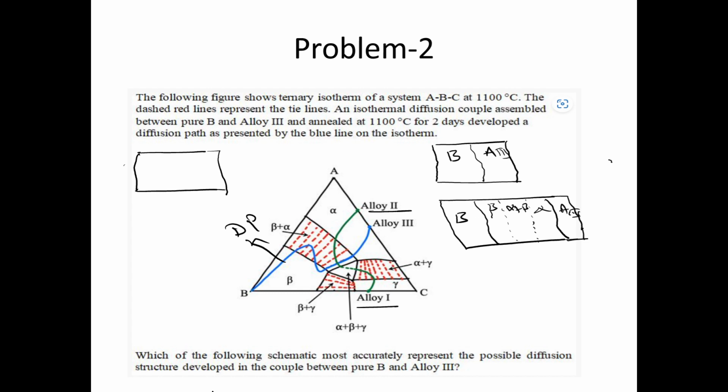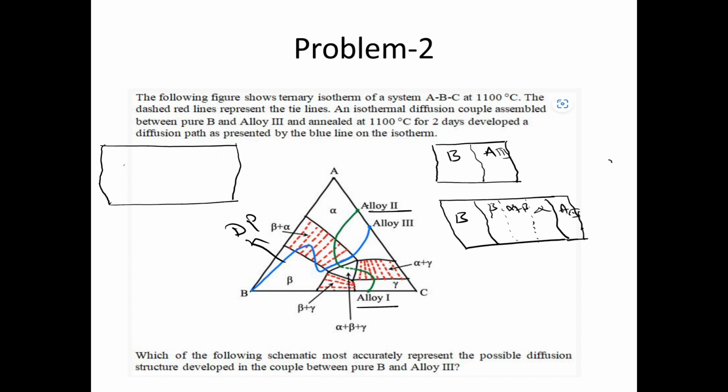So if you are doing a diffusion annealing between alloy 2 and alloy 1, what type of microstructure is observed?